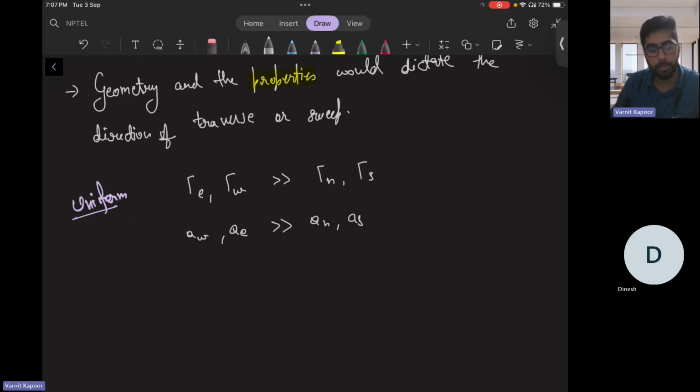Traversing east, correct. Because the influence of the properties in the east and west are both... You will traverse in east and sweep in north.